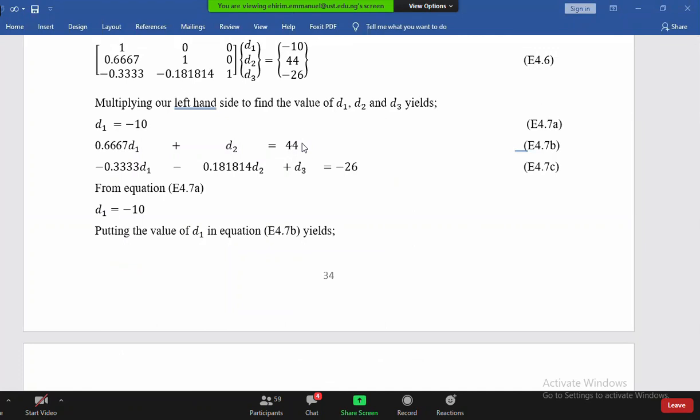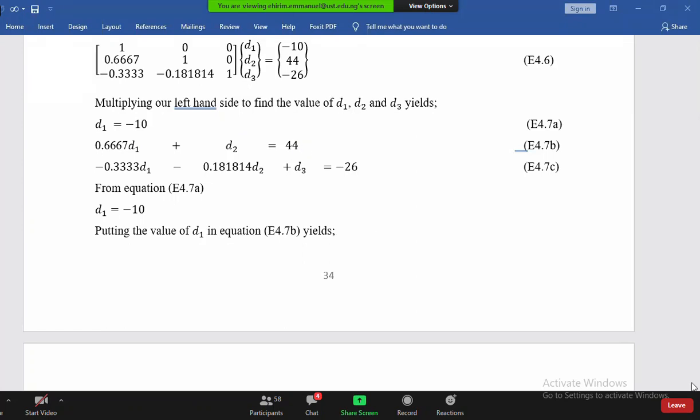So you can calculate D2. It will be minus 6.667, and minus 6 becomes plus, so it will be plus here. So it will be 50.667.